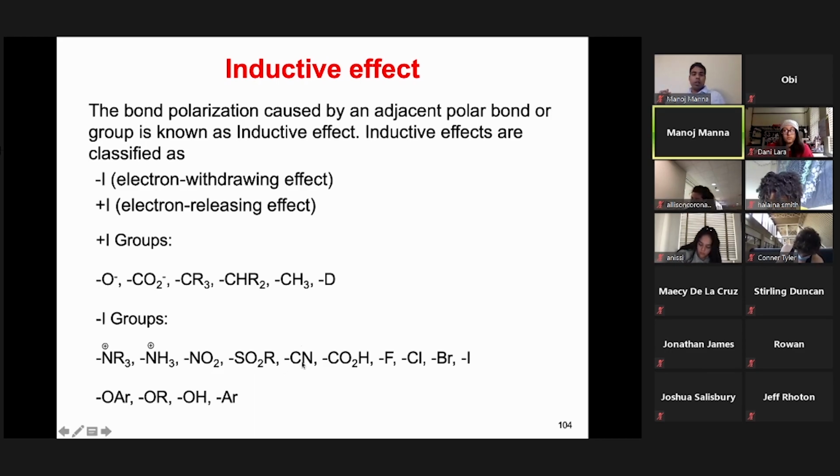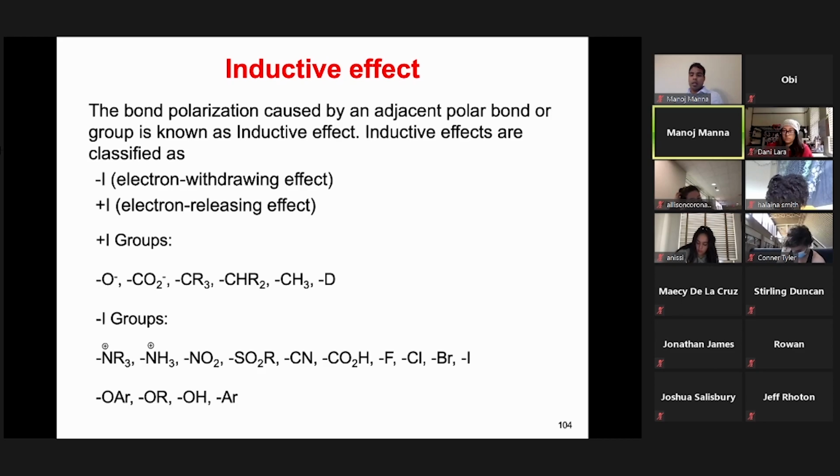This is called inductive effect. Or if you have a plus group, meaning an atom or group which can push electrons, we have electron releasing or electron donating effect. Take a short note of which groups are electron withdrawing and which are electron releasing or donating groups. This is a list of groups we have to memorize.